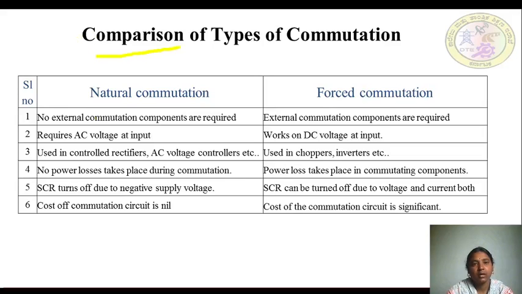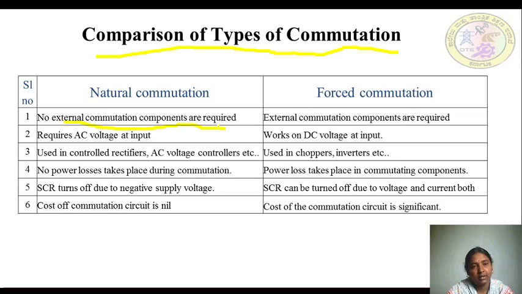Now, we will compare natural commutation and forced commutation. As we have discussed in my previous presentation slides about natural commutation and forced commutation, now we will tabulate it accordingly. The first one says that no external commutation components are required in case of natural commutation because the supply is AC.